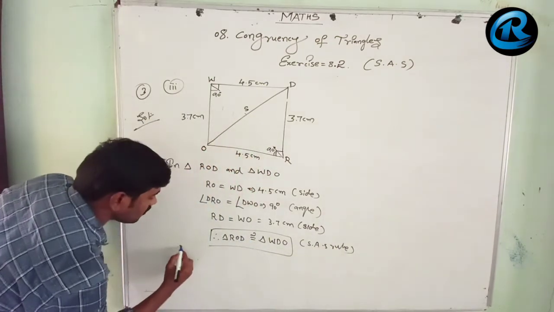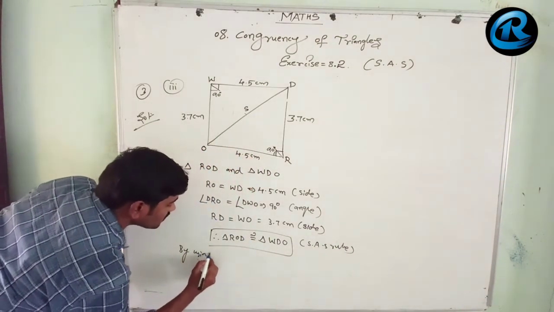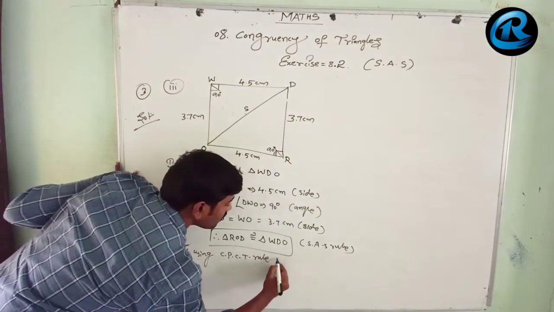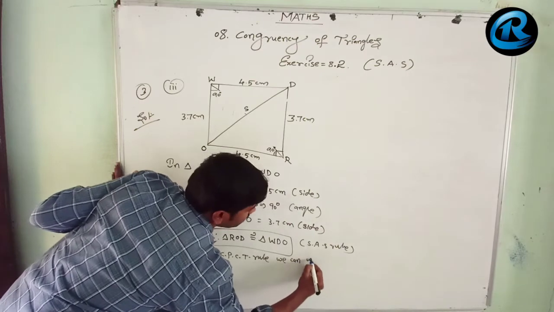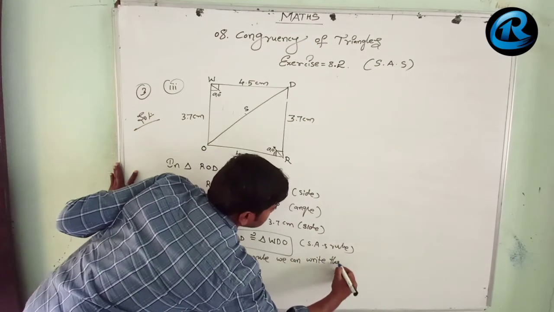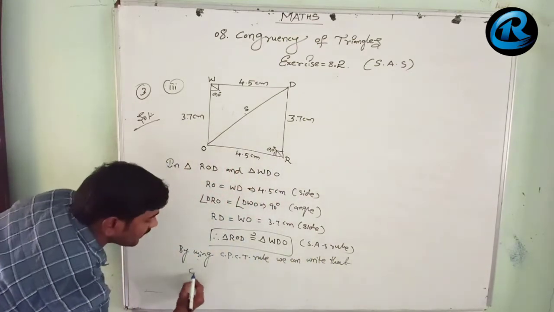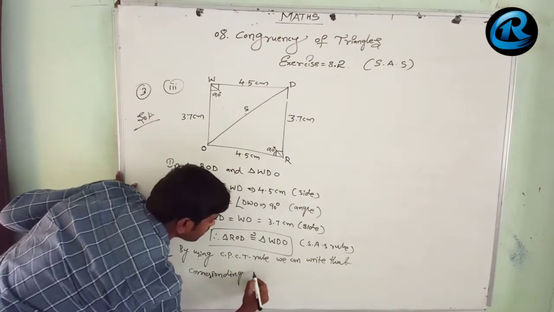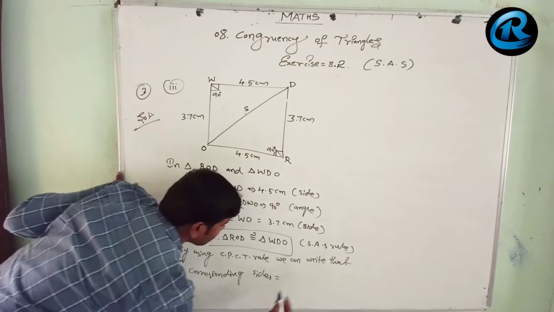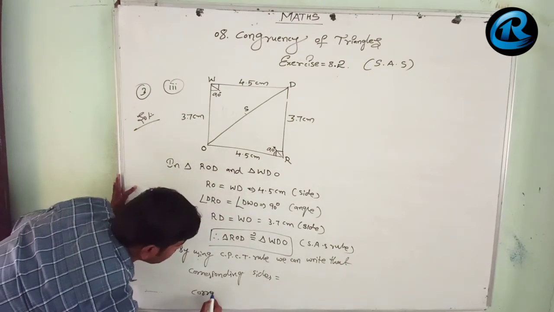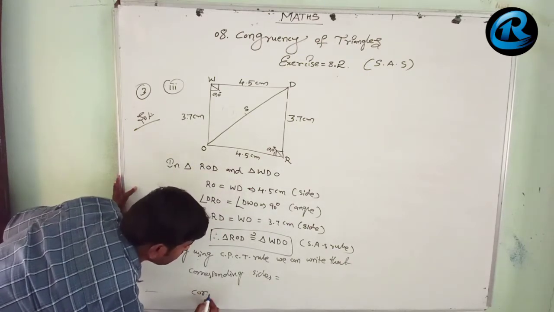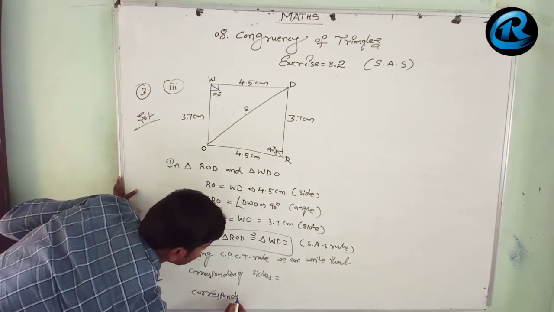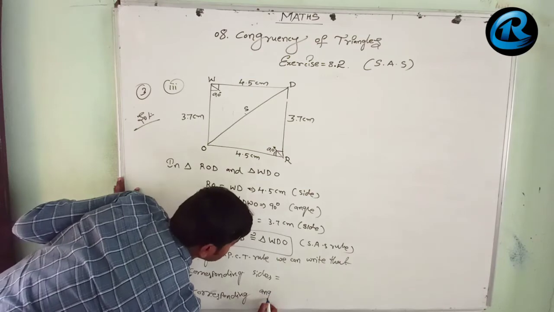By using the CPCT rule, we can write the corresponding sides and corresponding angles.